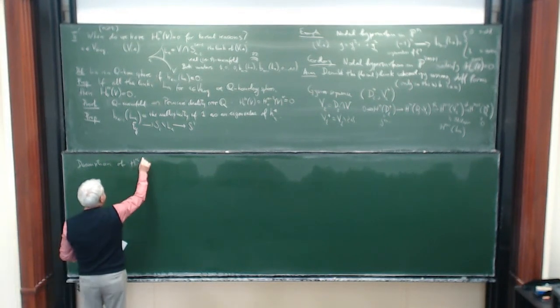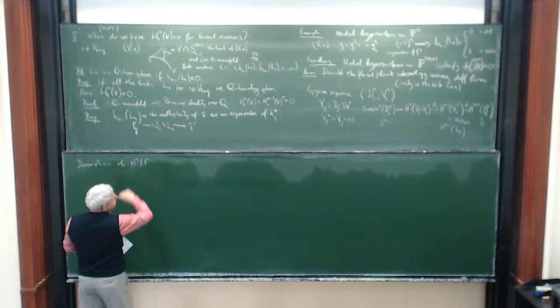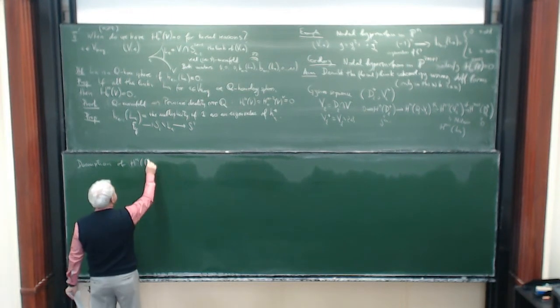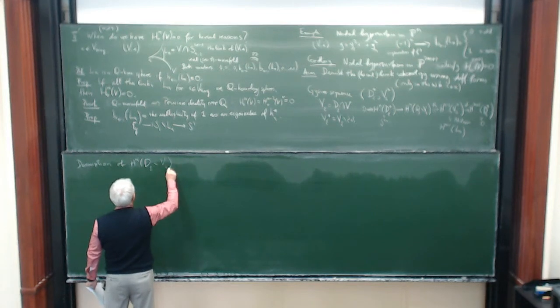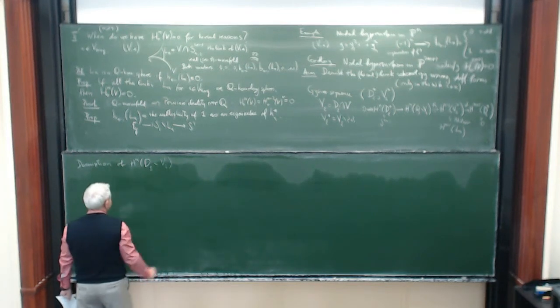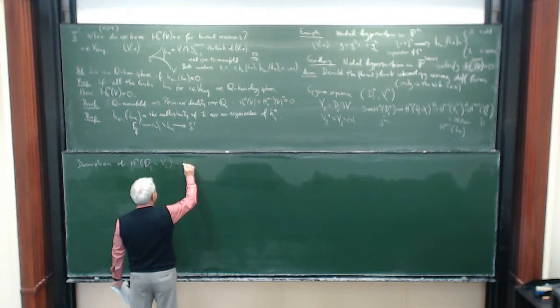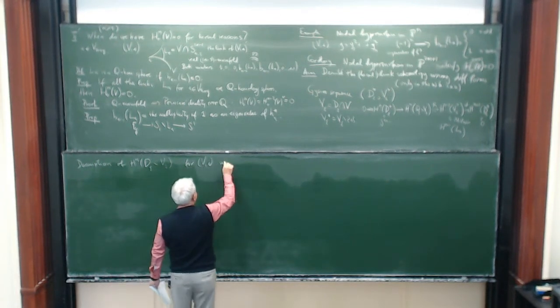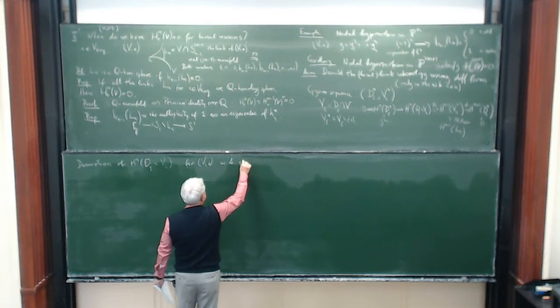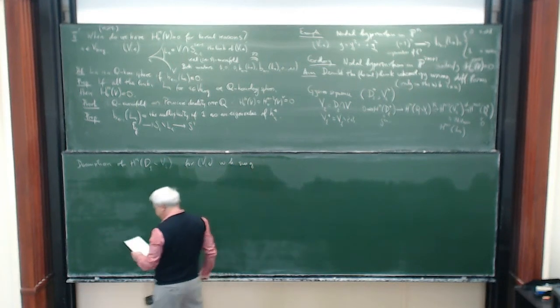of H^n of D epsilon minus V epsilon, for V a weighted homogeneous isolated singularity.